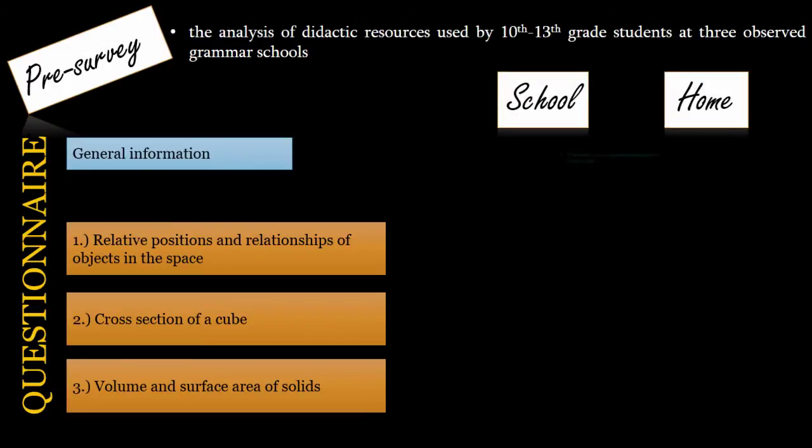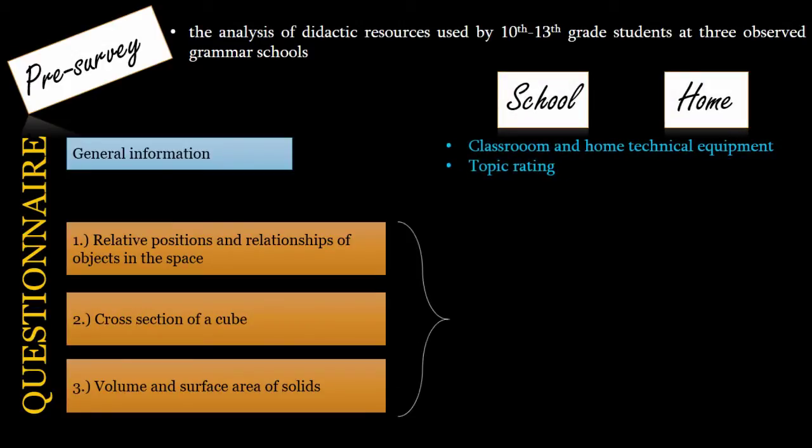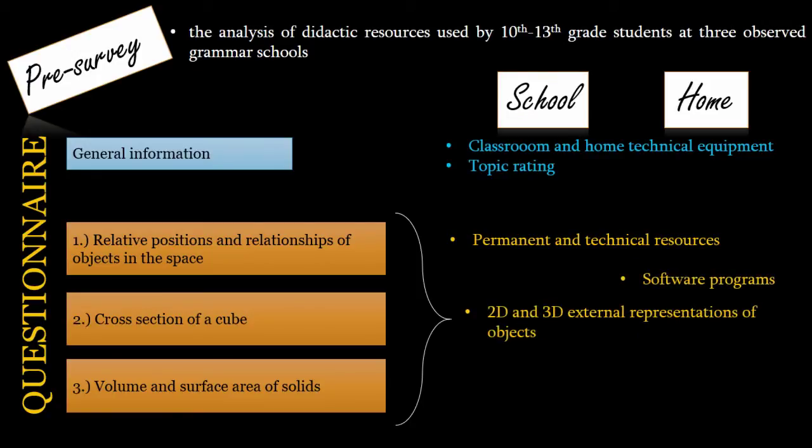We were interested especially in resources, because when we want to create some material, we need to know which materials or resources we have at our disposal, at home and at school. These are the main topics which we were asking them about.